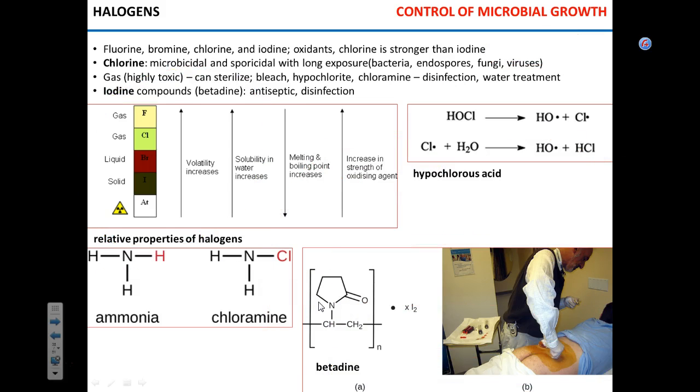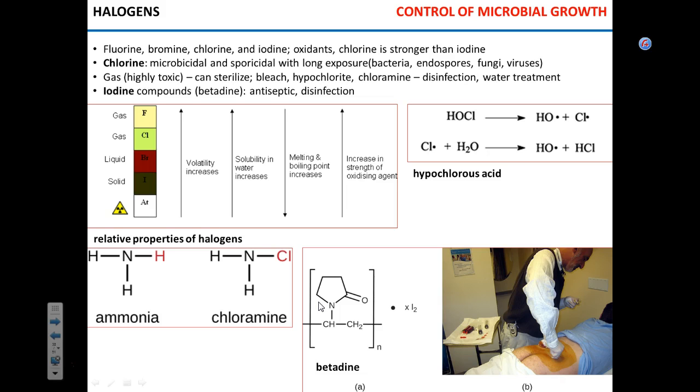Now we're going to start with halogens. There are 5 halogens in the 7th main group of the periodic table: fluorine, chlorine, bromine, iodine, and astatine. Astatine is not ever used for anything. It's radioactive material. Forget about it. Fluorine is extremely reactive.